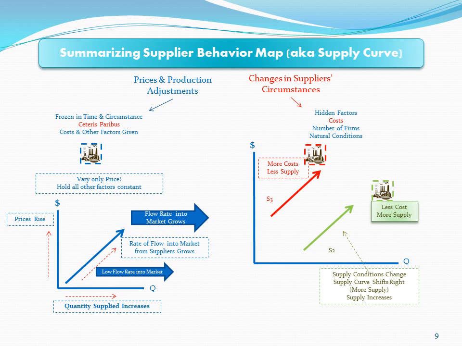So we can display both the price response and the hidden factor response on the supply side of the market. And we have the language straight. Any change with price is a reflection of quantity. And here, when we're talking about change in circumstances, we have an increase or a decrease in supply.